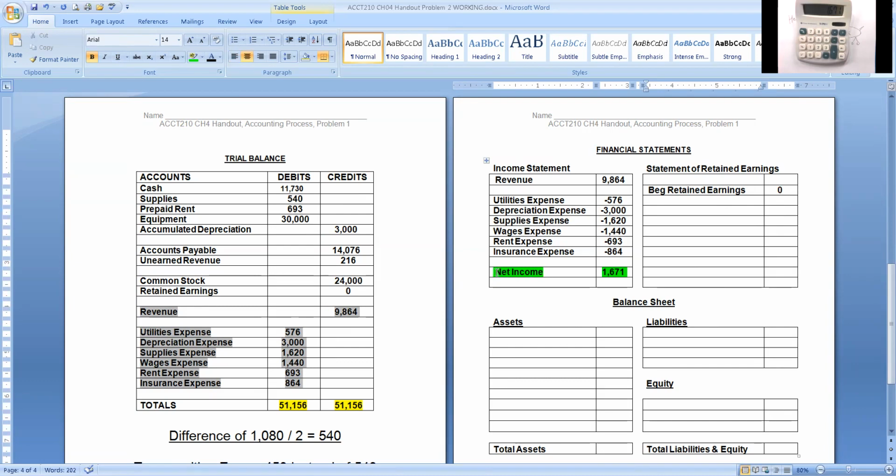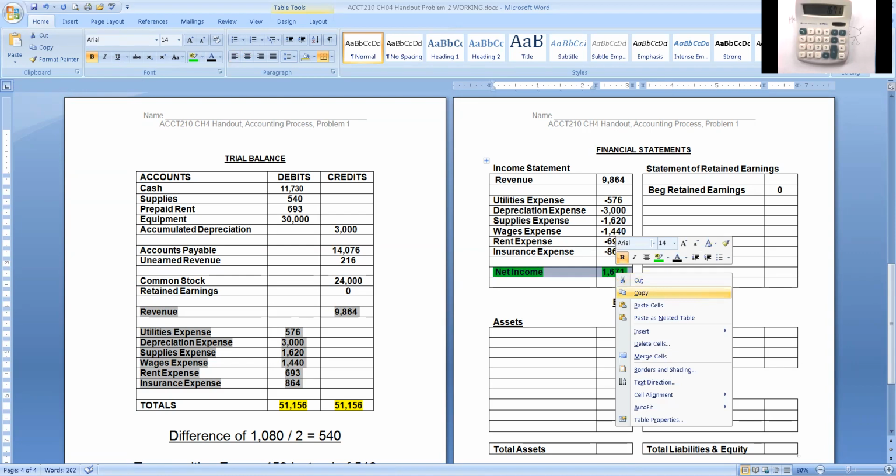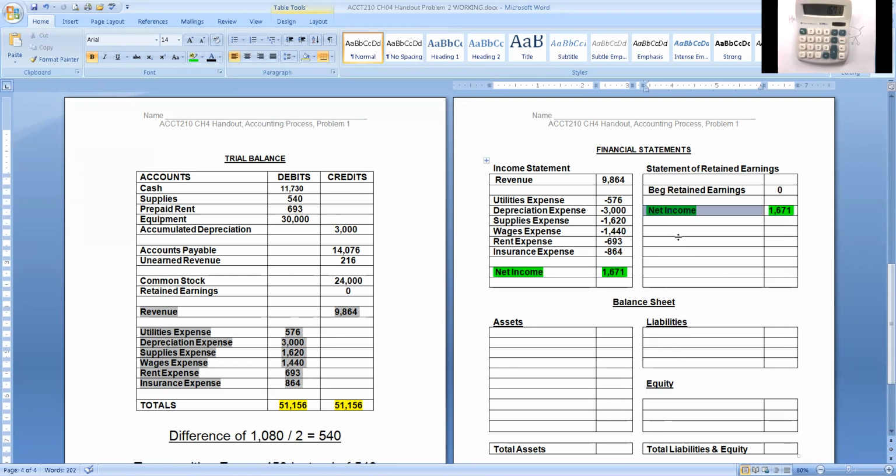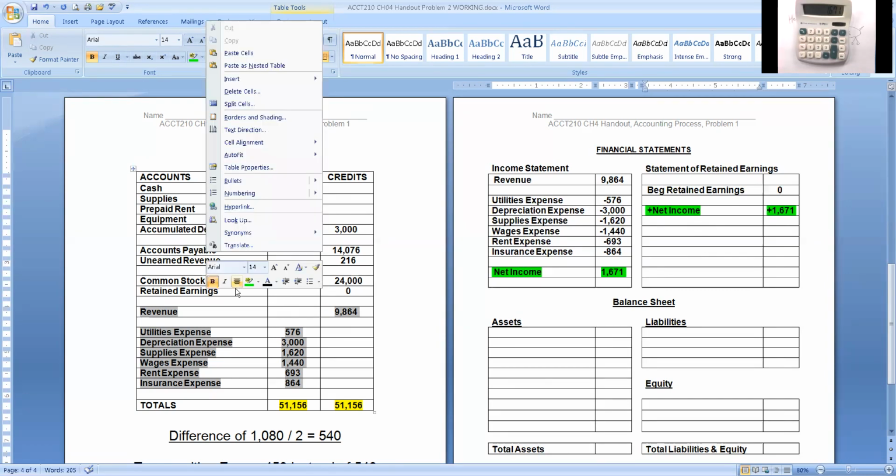We're going to add in our net income, plus that. Dividends, we didn't have any dividends, I don't think. Nope, no dividends.